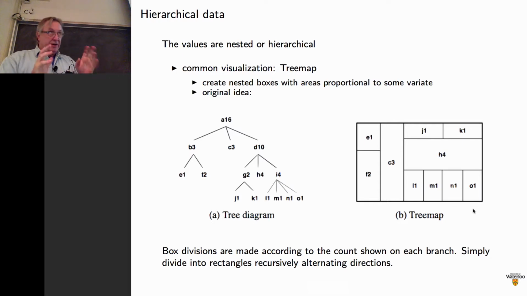Okay? Everybody understand a tree map? Yes? Do the letters only represent like a category or something? Yeah, I mean, this is the most abstract version. I'll show you some real data in a second. So the letters are there, and the number is just the count in that category. So you've got a category and subcategories.